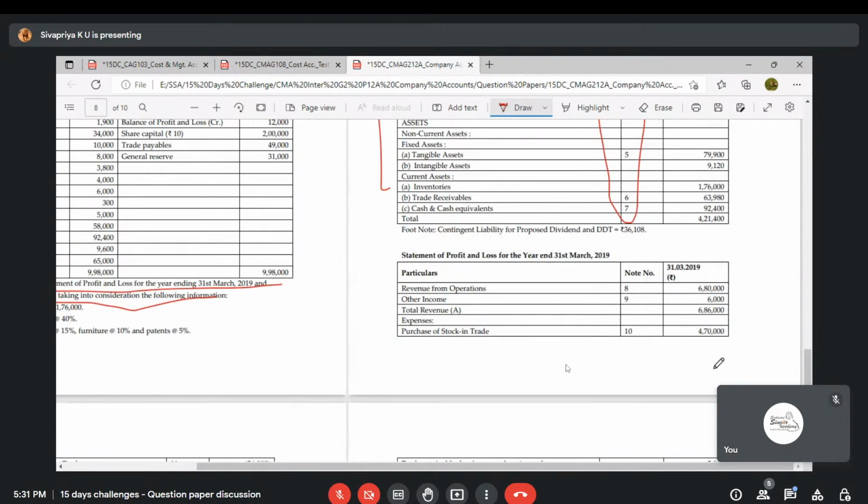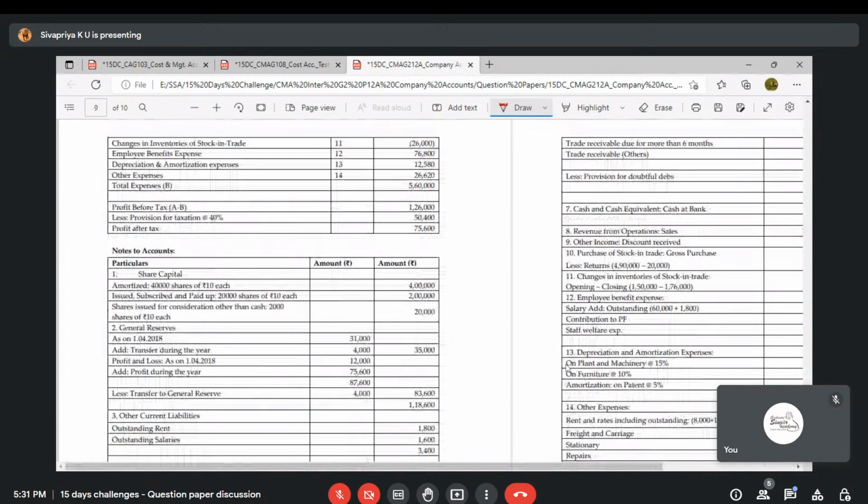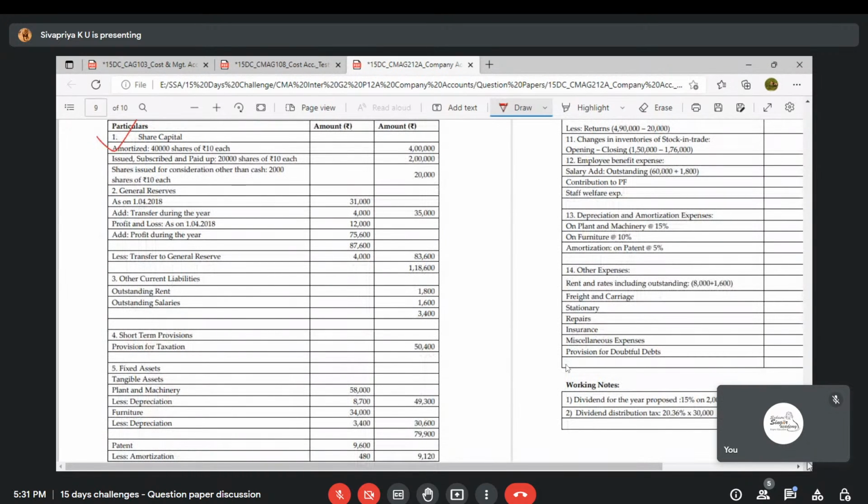This is the P&L account. The profit after tax of 75,600 is the answer. We prepared each note to accounts for the balance sheet as well as for the P&L, so these are the workings.